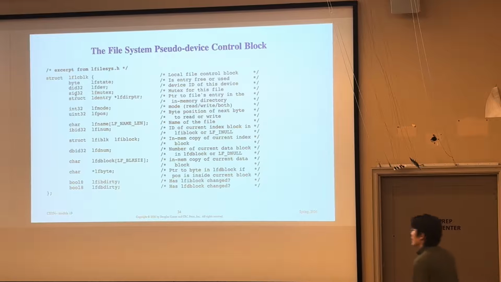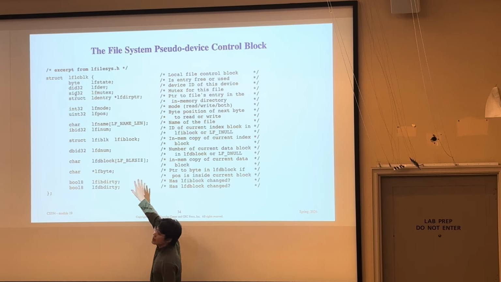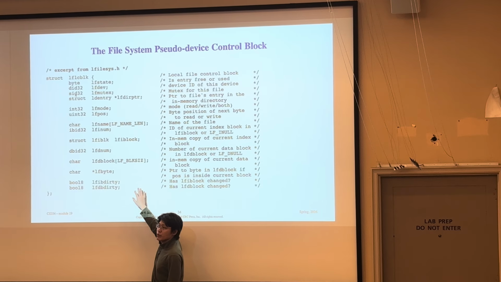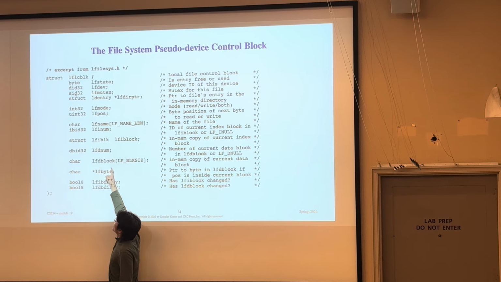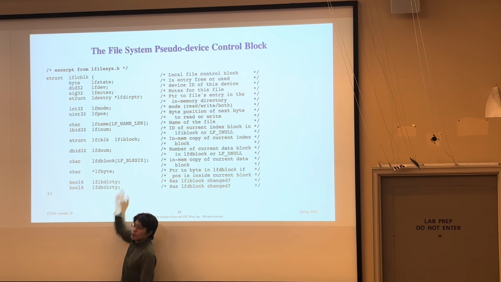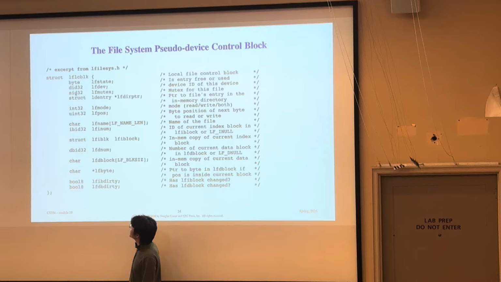Right, we explained this, right? So you can see that this is the data structure Xenu uses for a file, and you can see that at any point in time, it has only one data block and one index block in memory. It's not holding multiple blocks for each file.